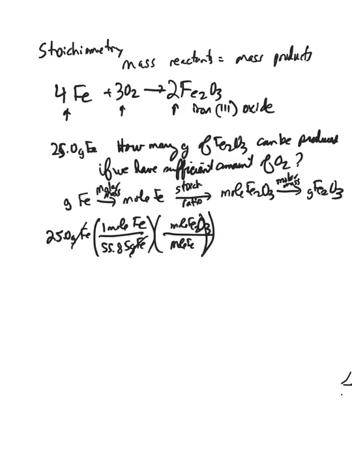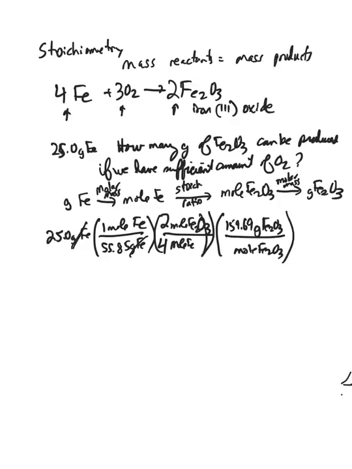Now to do that, we need our stoichiometric ratio. That says that 2 moles of Fe2O3 are produced for every 4 moles of iron that's reacted. And then we can convert to grams Fe2O3 by using the periodic table and calculate the molar mass of Fe2O3. And that happens to be 159.69 grams of Fe2O3.